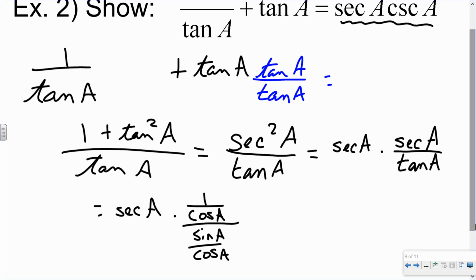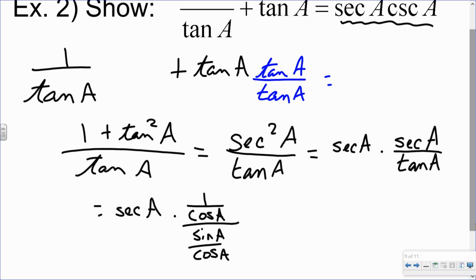What do I do to clean up a complex fraction? Okay, 2 ways of thinking about it. I could say this is 1 fraction for the numerator divided by a second fraction for the denominator. So when I divide fractions, I keep the first one and multiply by the second one flipped.